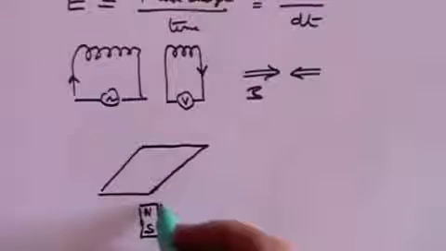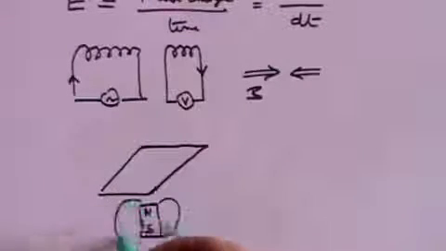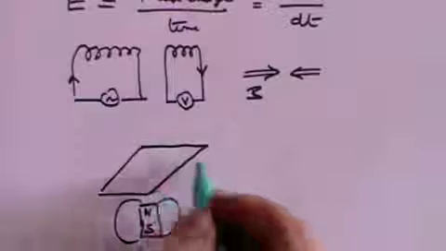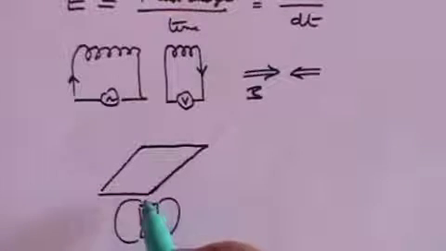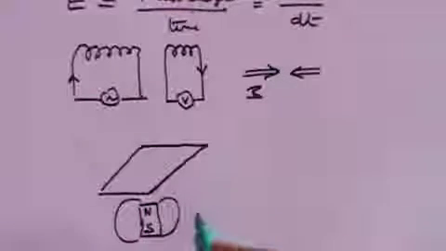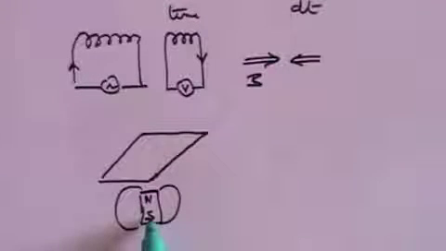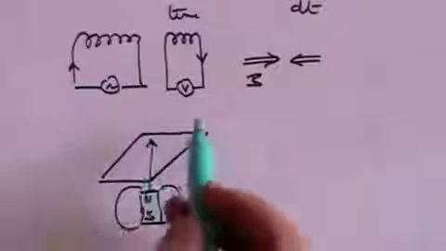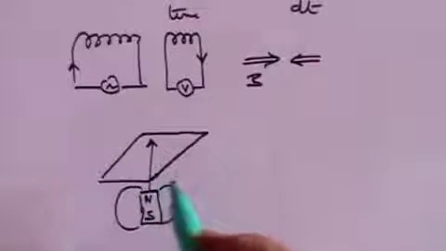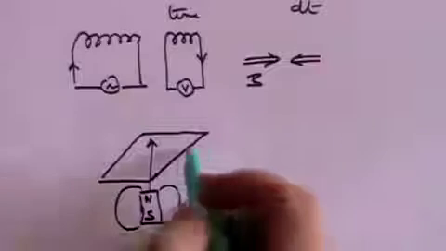There will of course be a magnetic field going from north to south, and it'll continue right the way around here, but there's no change in it, therefore no current flows. But if you were now to take that magnet and move it up through the centre of this loop, then you've got a changing magnetic field, and as a consequence you'll find that a current will flow in the wire.